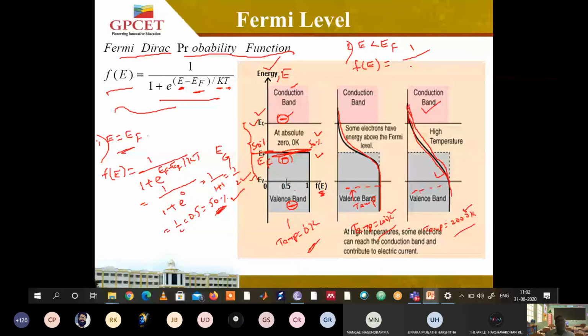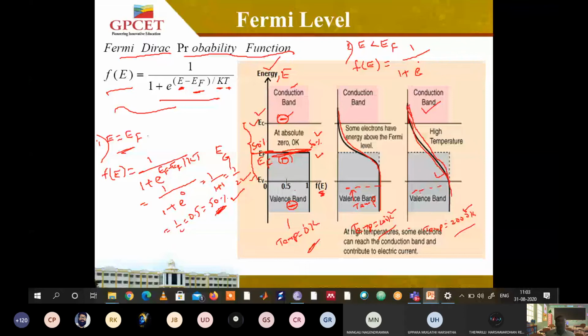E less than EF: F of E is equal to 1 by 1 plus e power (E minus EF) by kT. E less than EF means I can assume E is very, very small, say 0, compared to EF.